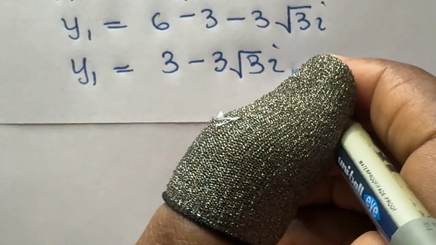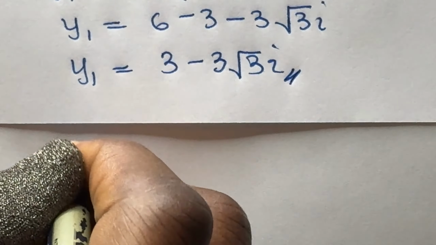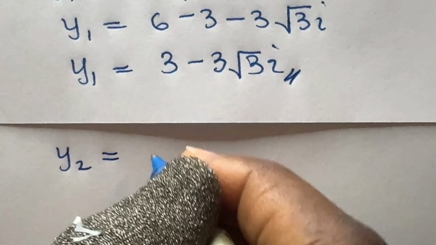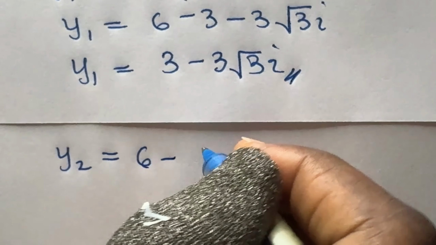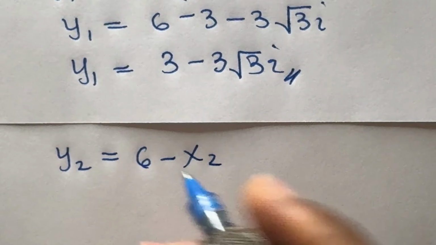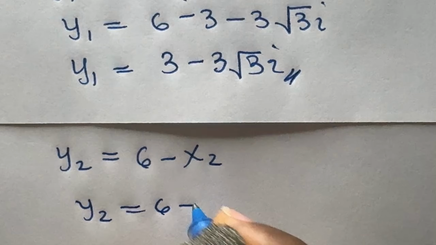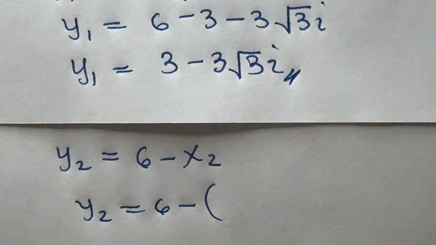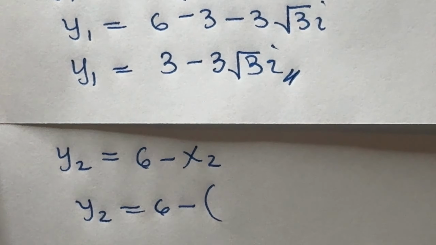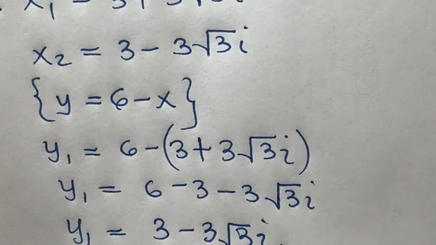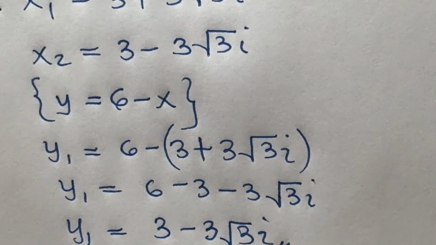We'll also do the same thing for y2. y2 is going to be 6 minus x2. So y2 is 6 minus, x2 was 3 minus 3 root 3i.